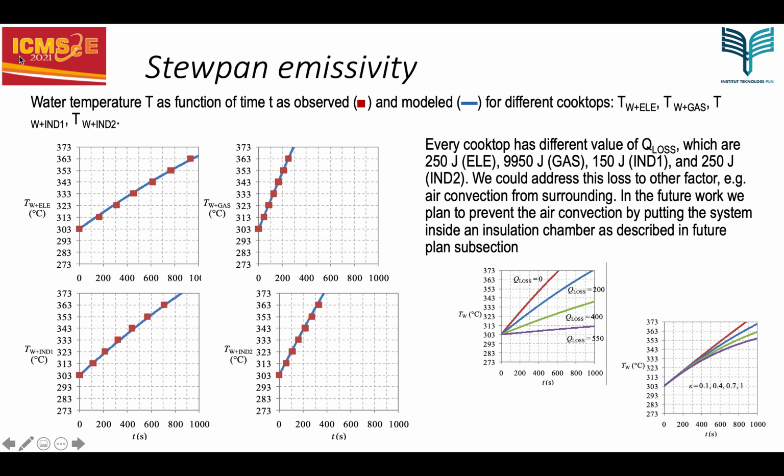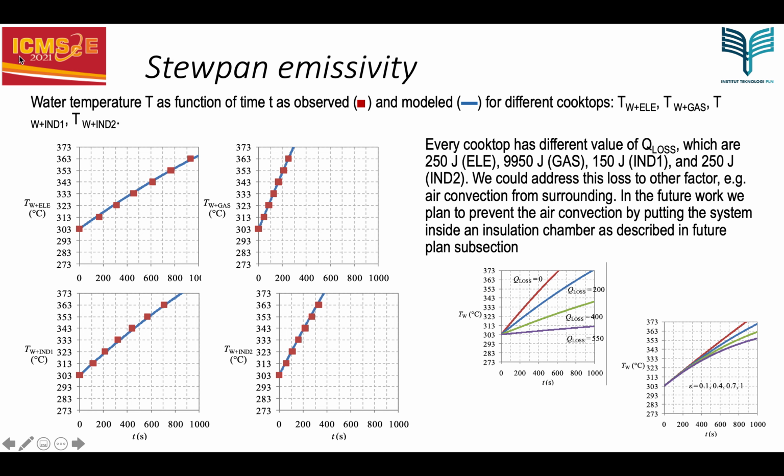Pan emissivity. We can have a model of water temperature T versus time t, where the results are given in figure 6. The area of the pan should be quadruple the usual dimension, and the emissivity of polished stainless steel, which is about 0.16, so 0.3 to fit the data. Time step delta t is chosen to be 1 second.